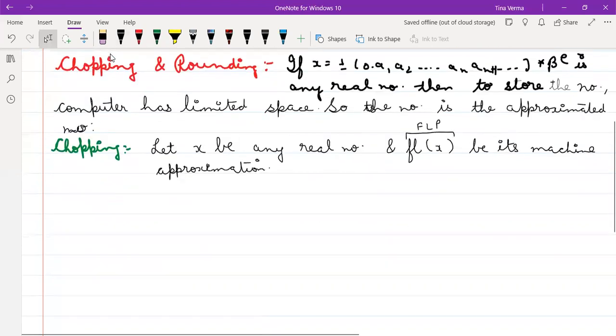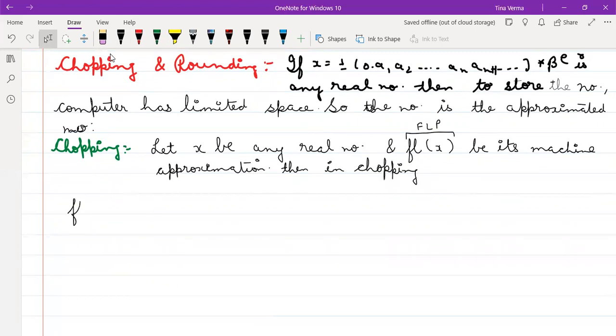Then in chopping, fl(x) is equal to plus minus 0.a1 a2 up to an, chopping up to n digits.